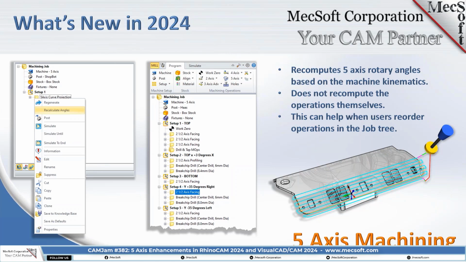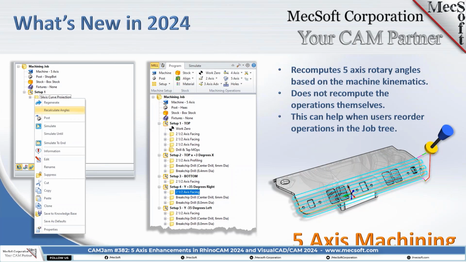If this is not done correctly, then you might have some random transfer moves going from the previous operation to the next operation. So when the user redoes this recalculate angles, it'll redo all of the machine tool angles independent of the simulation and bring them all in line, so you don't have any of these random transfer moves between operations in the event of any reordering that you had done.